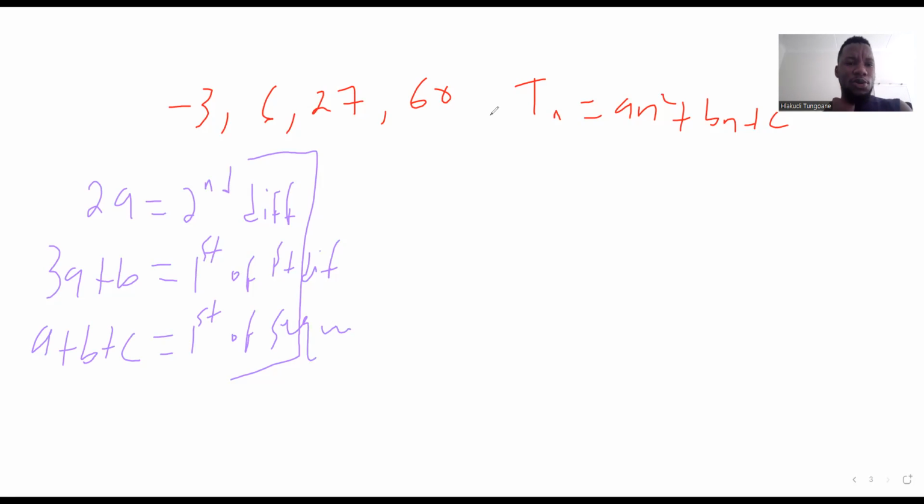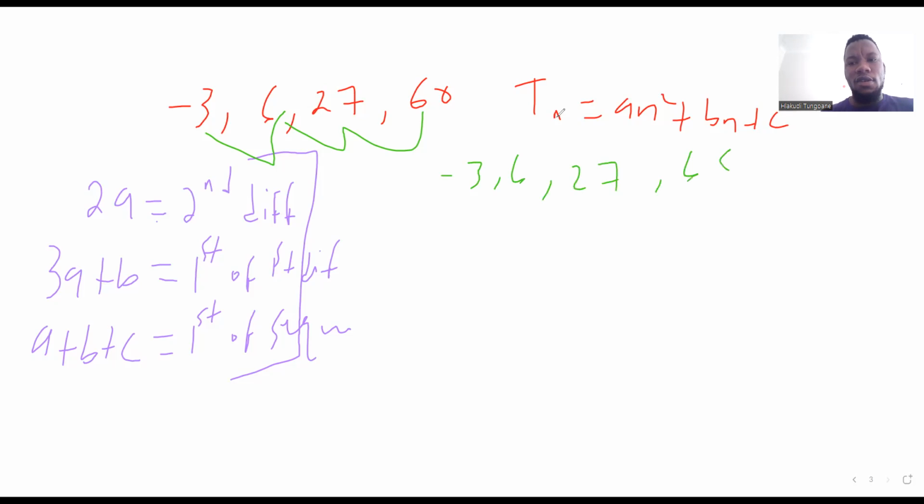Okay, so let's take these principles and apply them to our number pattern there. Actually, let me just write this number pattern here because I'm not going to have room.